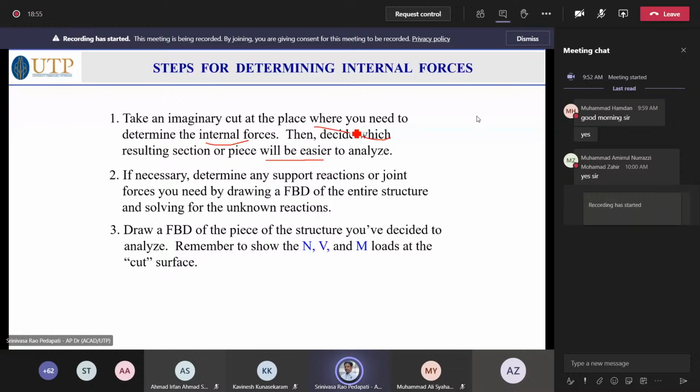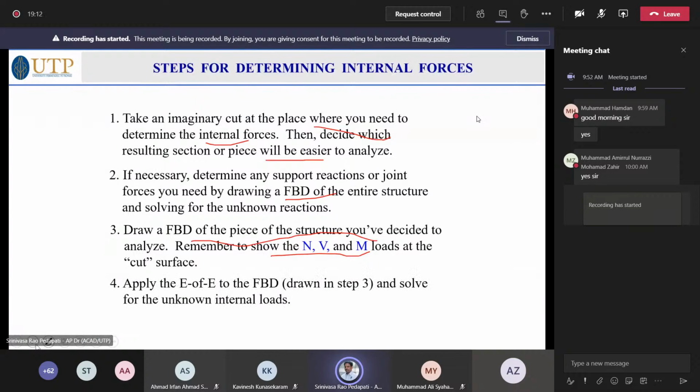Once you take an imaginary section, you draw the FBD, and once you draw the FBD, you solve it and analyze for N, V, and M. N is the normal force, V the shear force, and M the moment. These are the basic steps required for the solution. Apply the equilibrium equations to the free body diagram to get your unknowns.